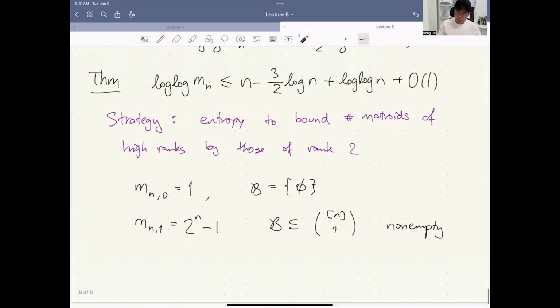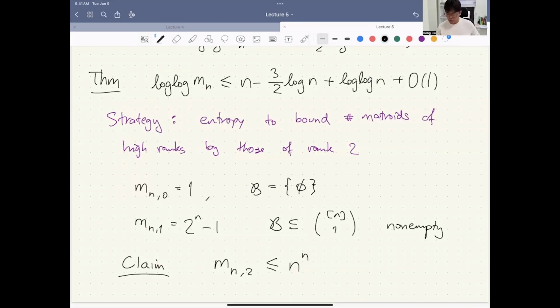For rank 2, we claim that we're going to use a very crude bound, but it nonetheless suffices for our purpose. The number of rank 2 matroids is at most n to the n.